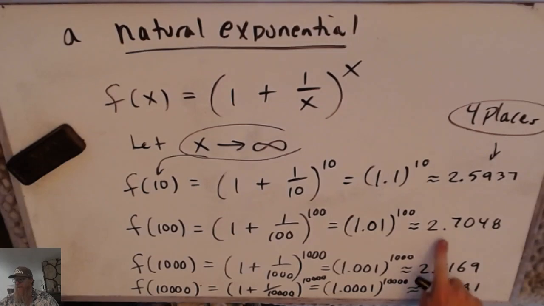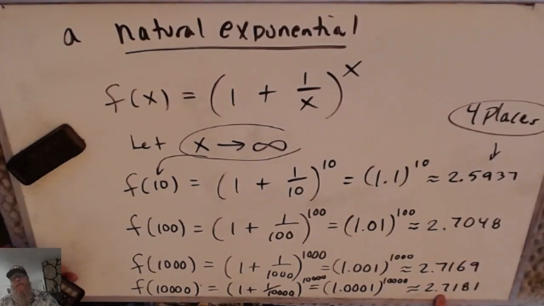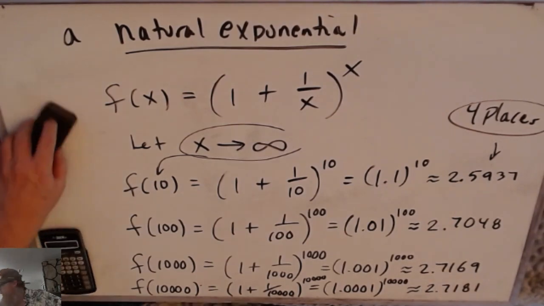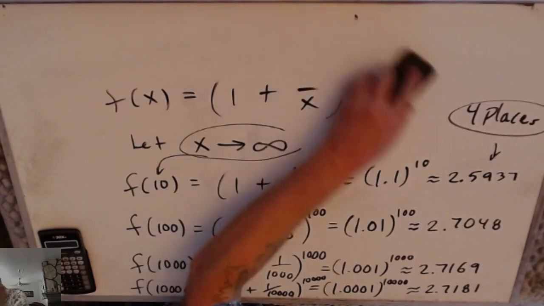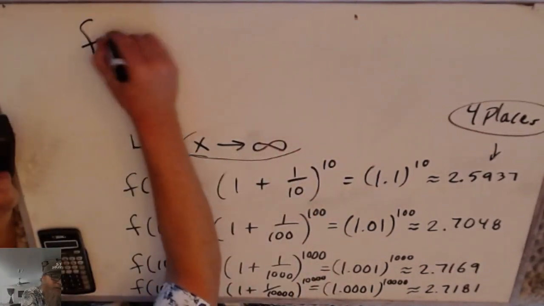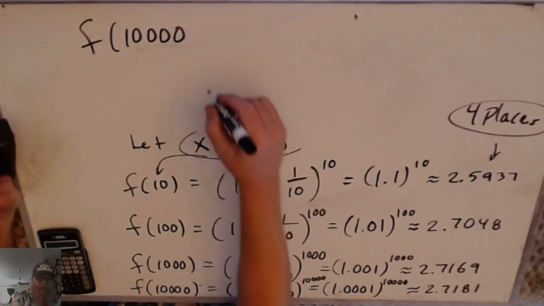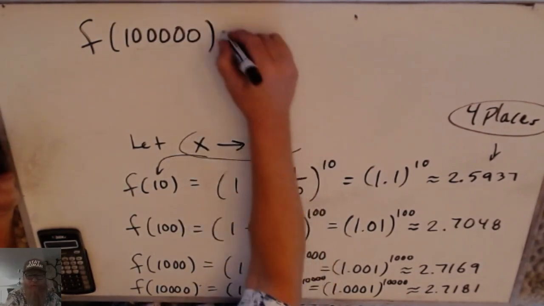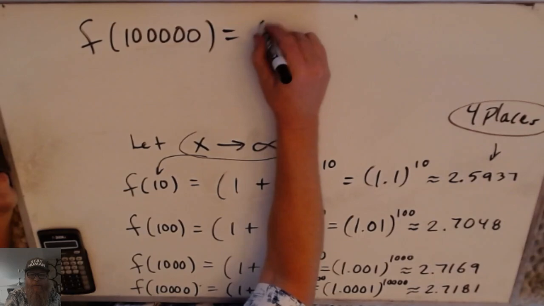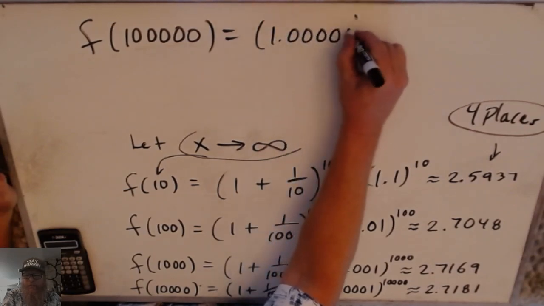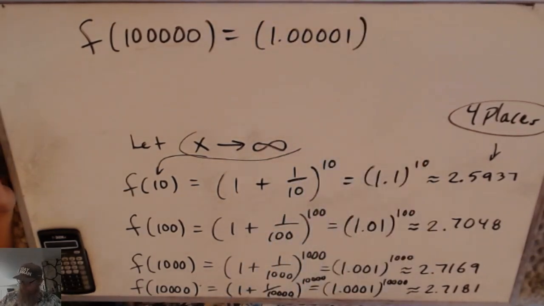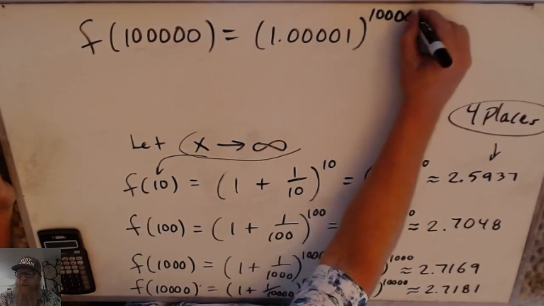Look, 2.5, 2.7, 2.7, 2.7. In fact, it's 2.71, 2.71, 2.71. Let's keep going. Let's try 100,000. That's 1.00001 to the 100,000th power.